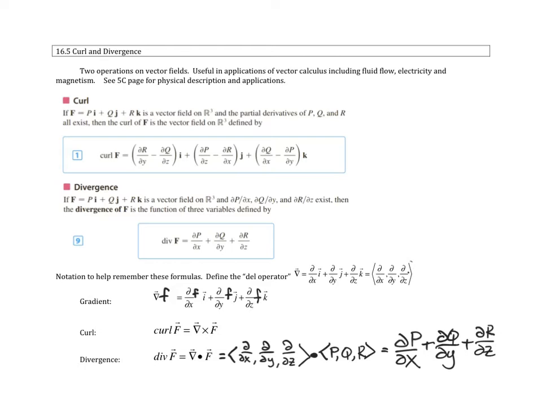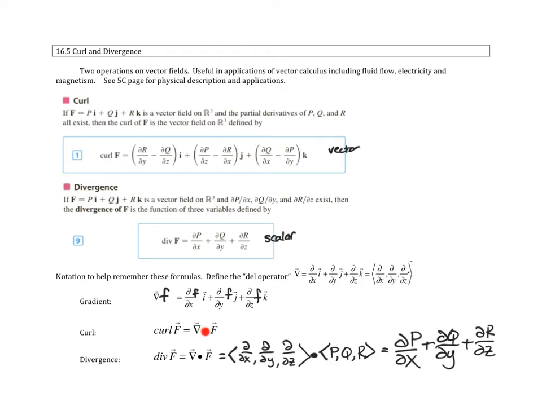Now you probably don't need any help remembering either of these formulas. They're pretty straightforward. But if you want help remembering this formula, notice that we can think of curl as taking that operator and crossing it. Now this kind of makes sense. Dot product gives me a scalar. The outcome of the divergence is not a vector, it's a scalar. The outcome of the curl is a vector.